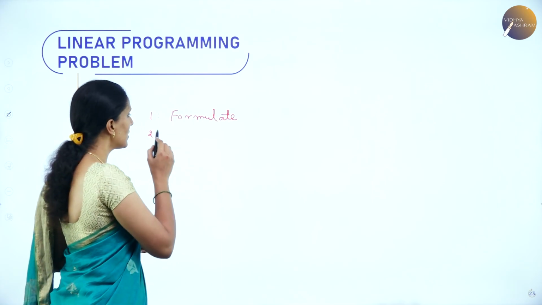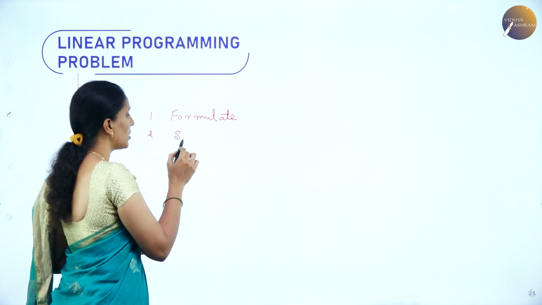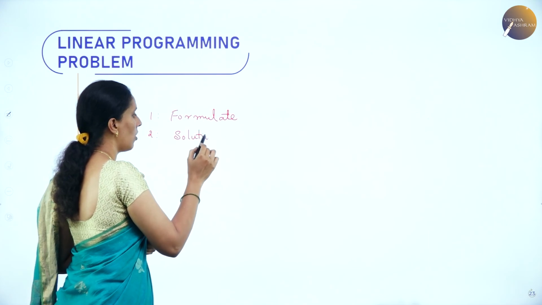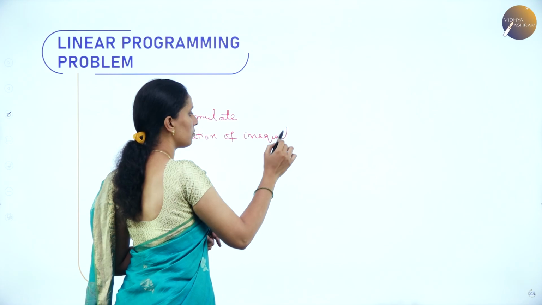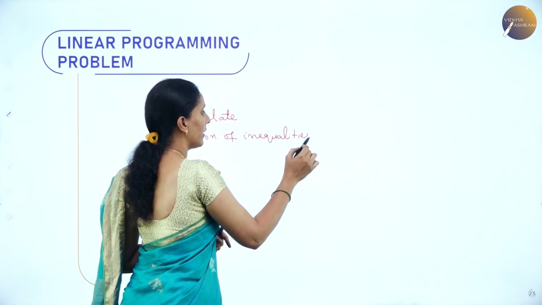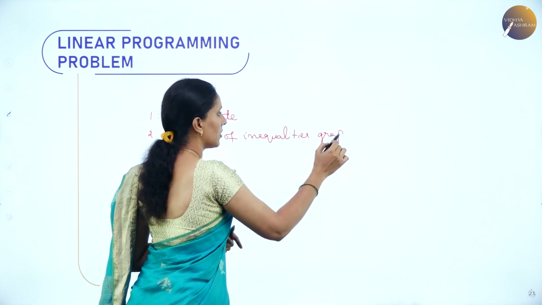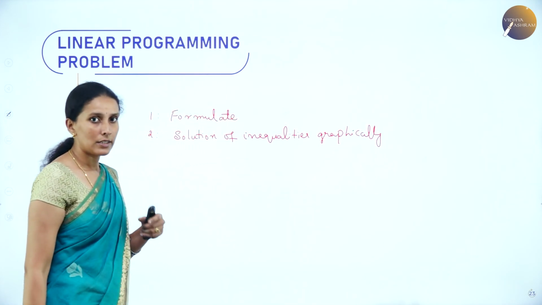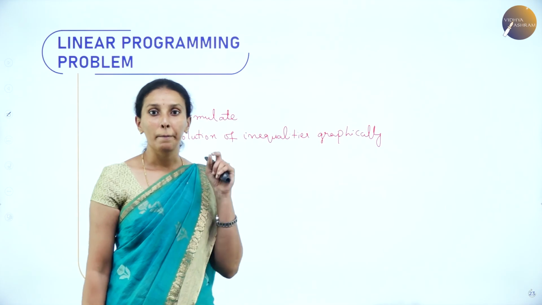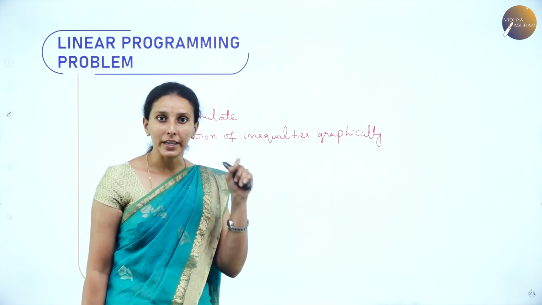The next thing is, we need to find the solution of the inequalities graphically. That is, we are going to write the solution through a graph by plotting the points and drawing lines.